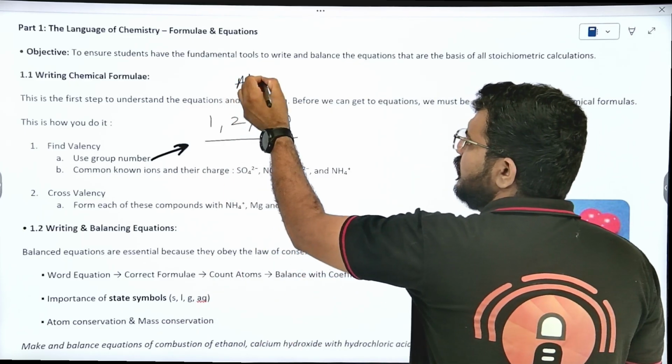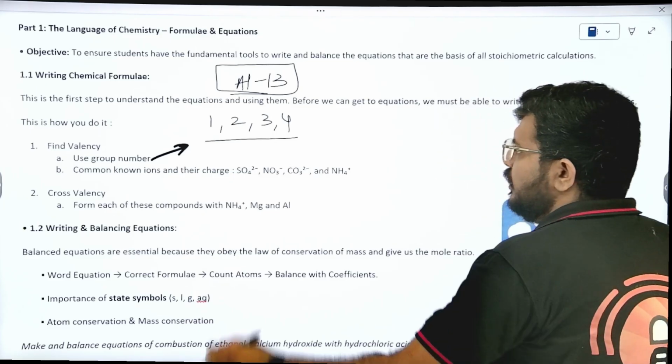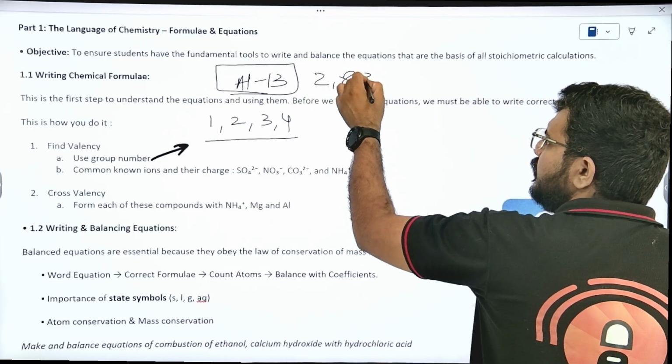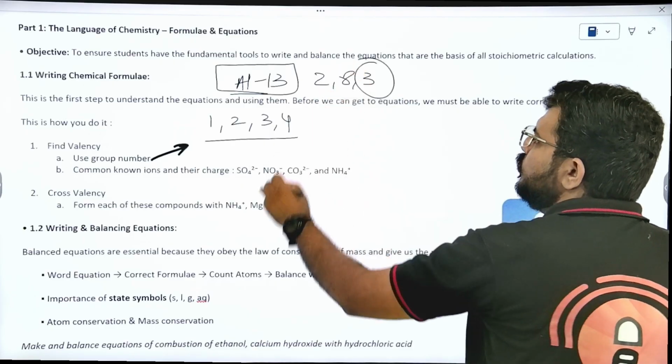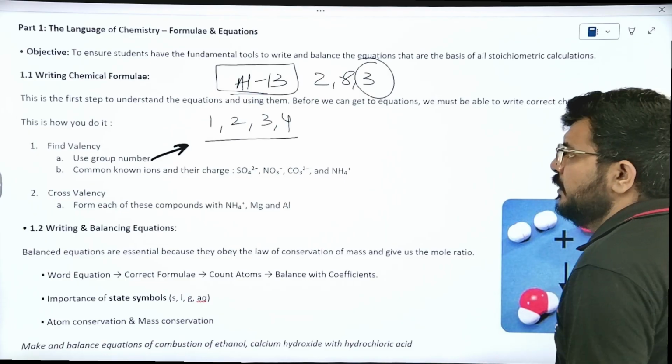Aluminium has atomic number 13, its configuration is 2, 8, 3, and it is group number 3, right? It is also period number 3 and group number 3.